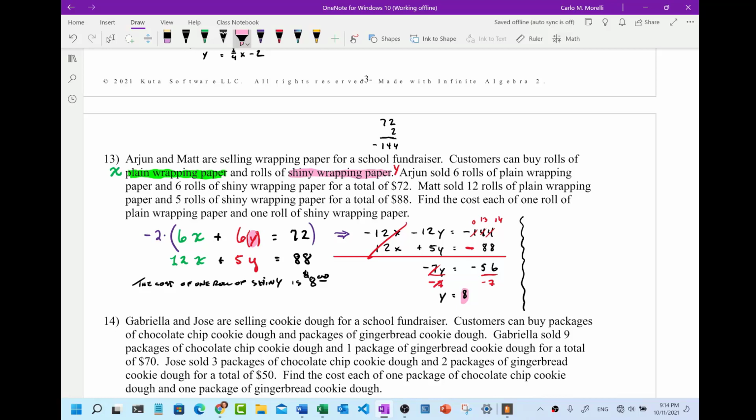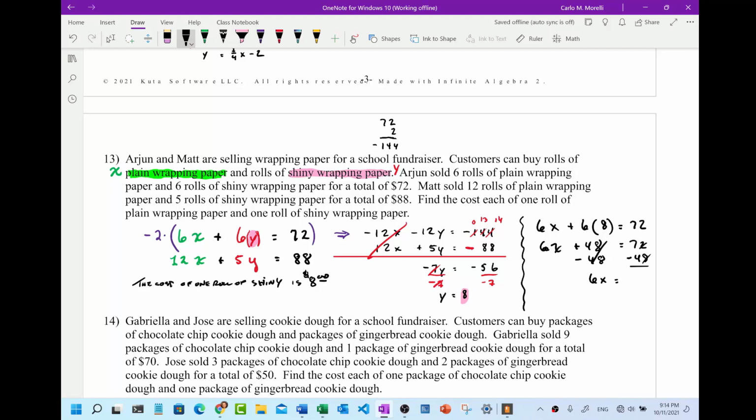So what we're going to write over here is 6x plus 6, open parentheses, 8 equals 72. So we have 6x plus 48 equals 72, minus 48 on both sides. We have 6x equals 72 minus 48.